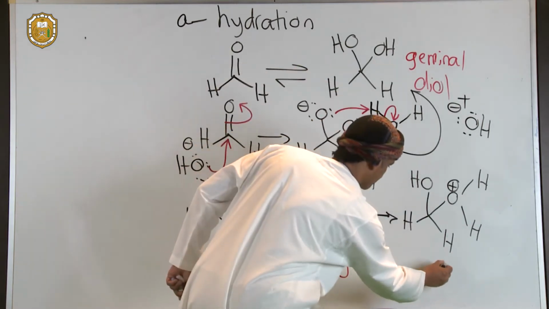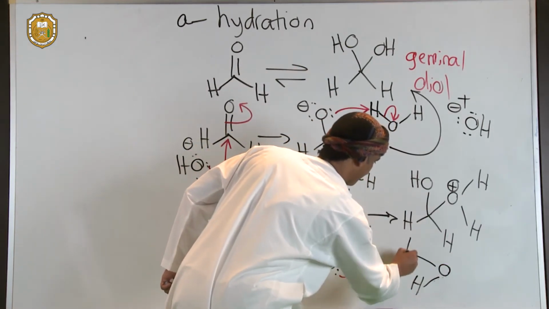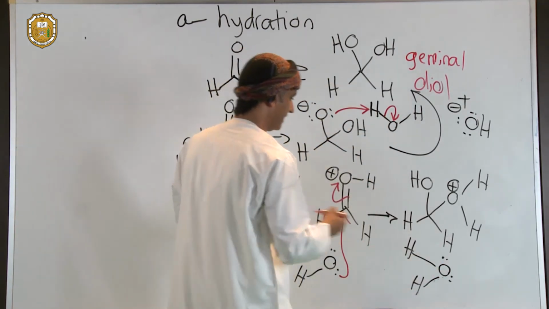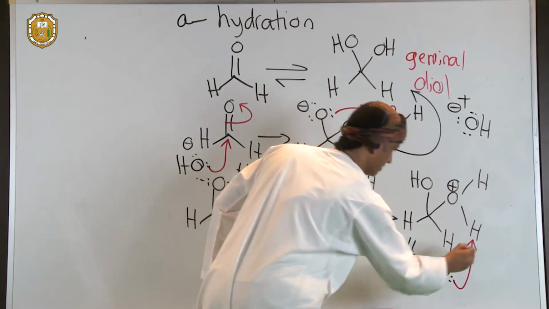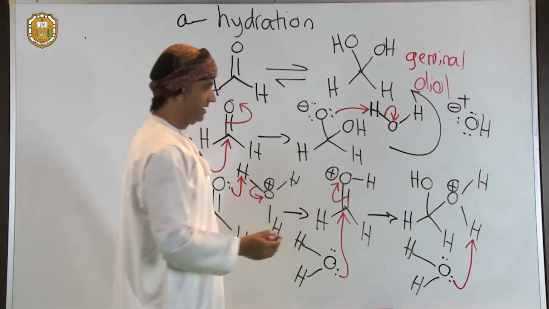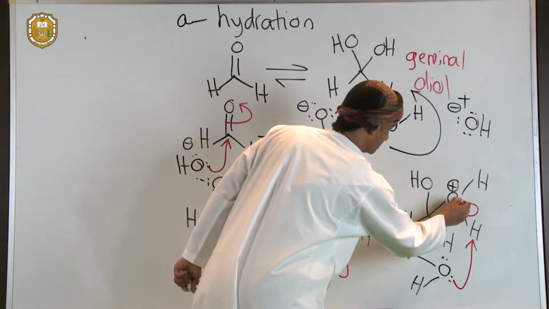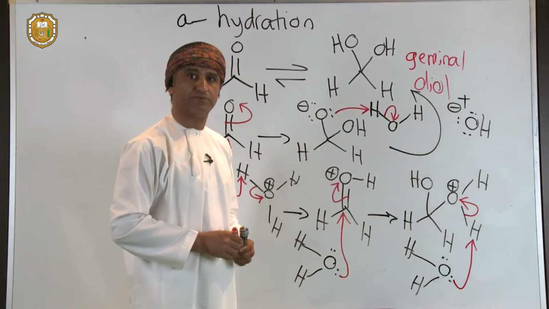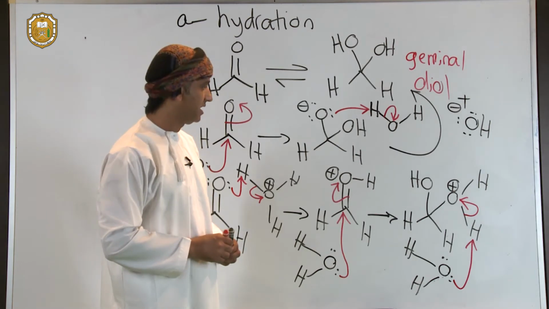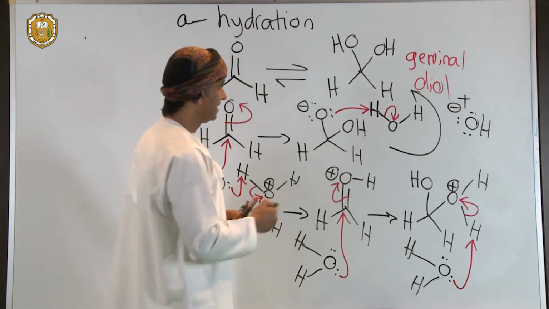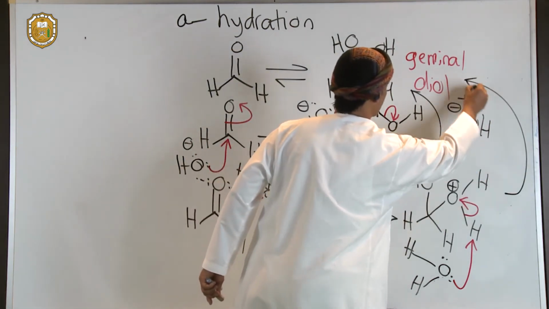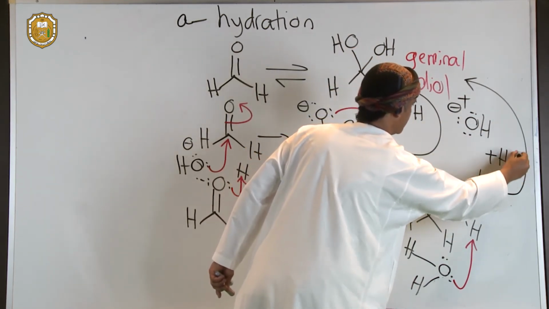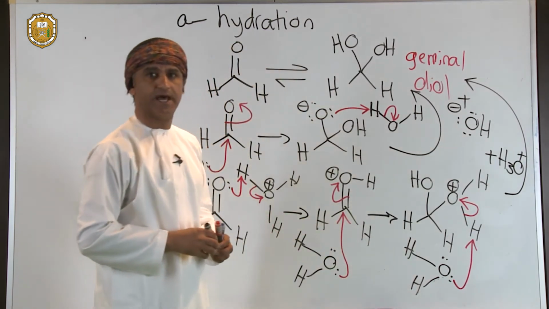So a water molecule now will come and pick up that proton, and at the same time this hydrogen-oxygen bond breaks, giving the electrons of that bond to the positively charged oxygen. Now this gives the diol product plus the hydronium ion regenerated as a catalyst.